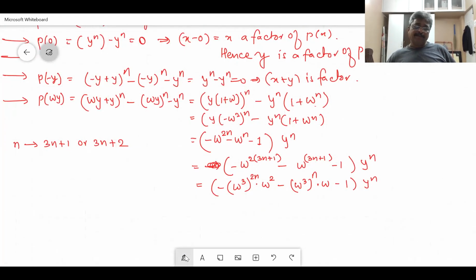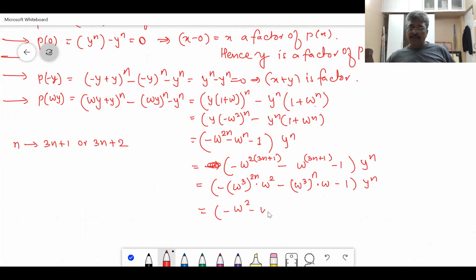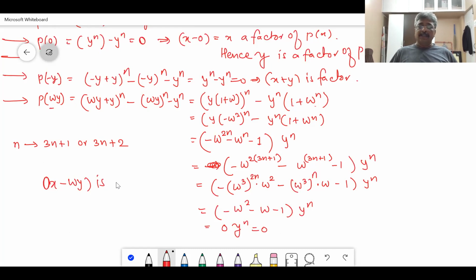That makes it minus, this is 1 raised to 2n, so gone, minus omega square, minus 1 raised to n is gone, minus omega minus 1, y raised to n. Now this is 0 into y raised to n, 0. Therefore, this is a factor. What? x minus omega y is a factor.